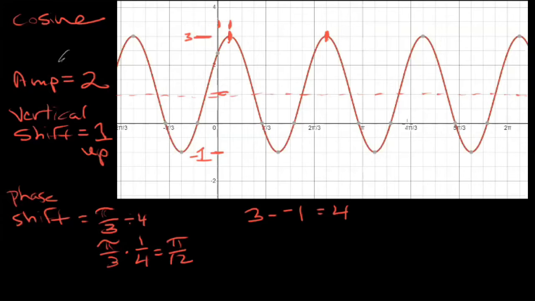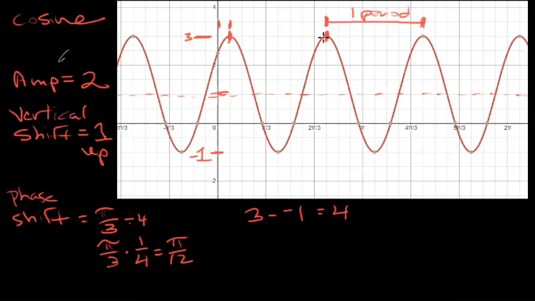Okay. And now I need to know the period. So to find the period, I'm going to look at from peak to peak. It doesn't matter where you do it. So you could actually start from here and go to here. That would be 1 period. It really doesn't matter which 2 points you use as long as they are corresponding points. Okay.